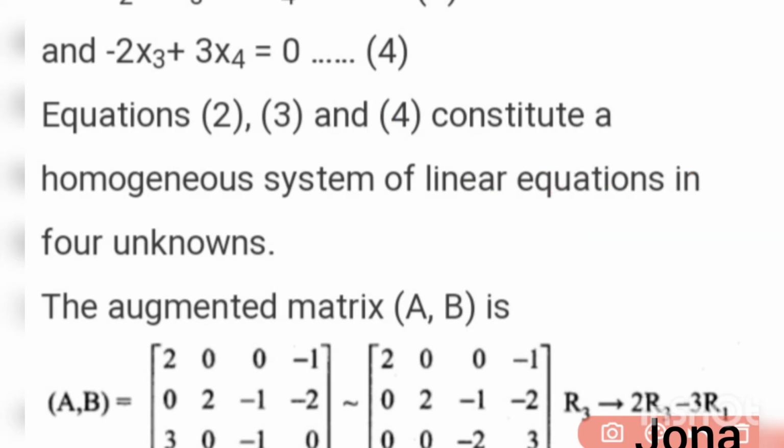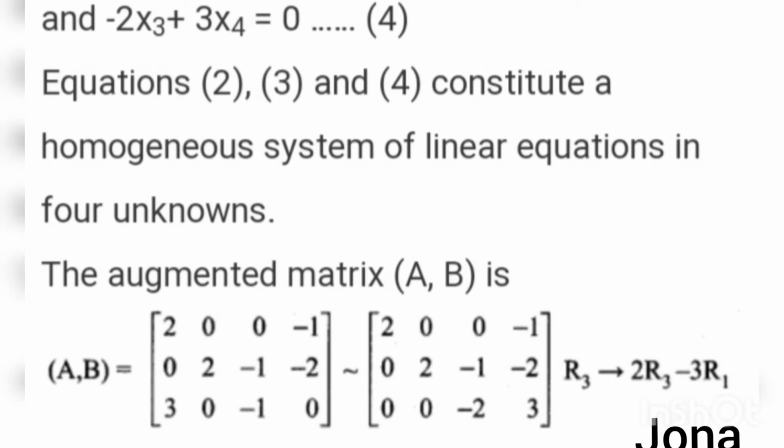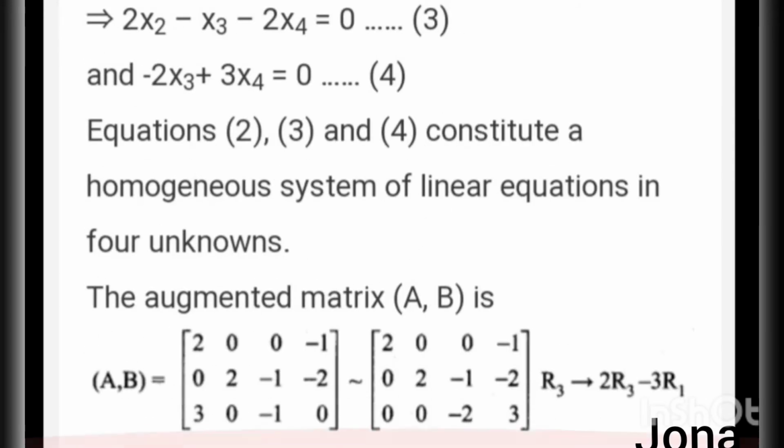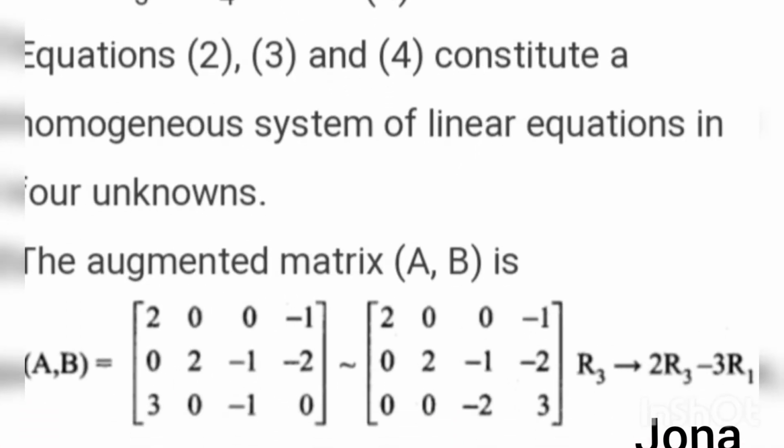Now from the above 3 equations, we can form the homogeneous system in matrix form. The augmented matrix can be written as 2, 0, 0, minus 1, 0; 0, 2, minus 1, minus 2, 0; and 0, 0, minus 2, 3, 0. Here I want to make the entry 0.